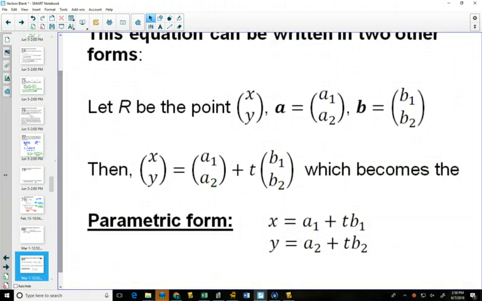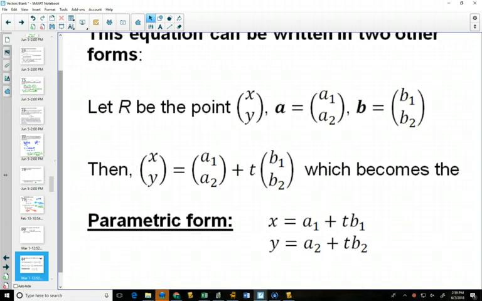So in 2 dimensions, you would have a point x, y. You would have your direction vector b1, b2, and a point on the line a1, a2. Then any point on the line can be represented by a1 plus t times b1 and a2 plus t times b2.